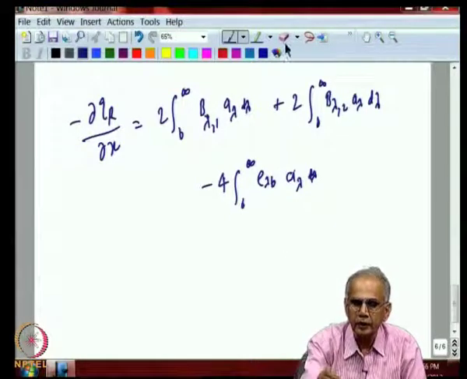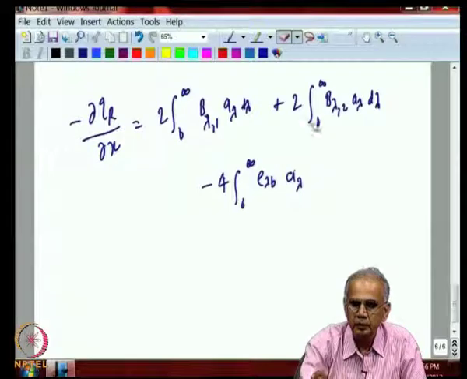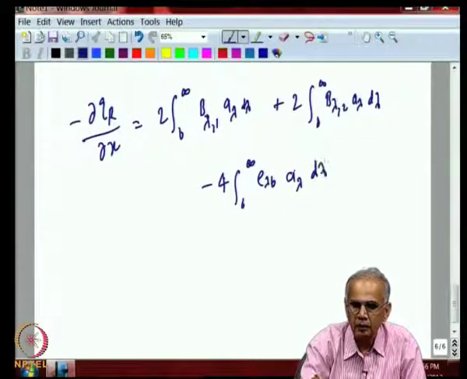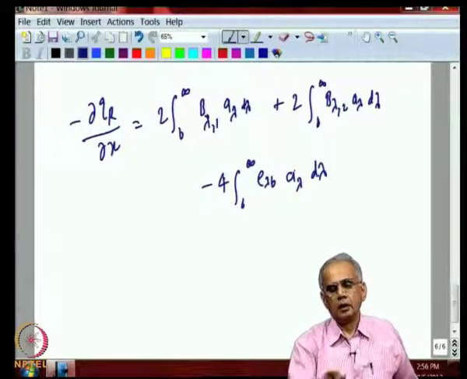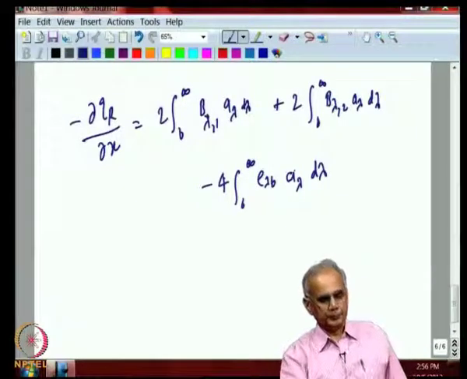All you have done here is integration over wavelength, and ultimately this will be performed on the computer.